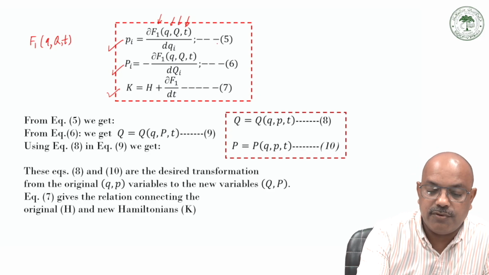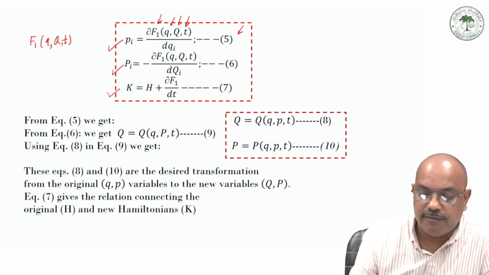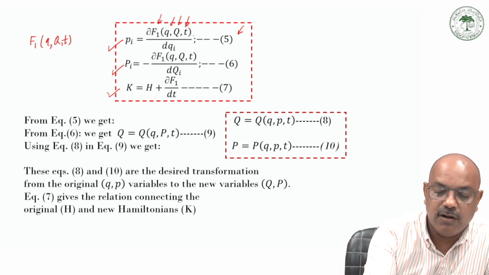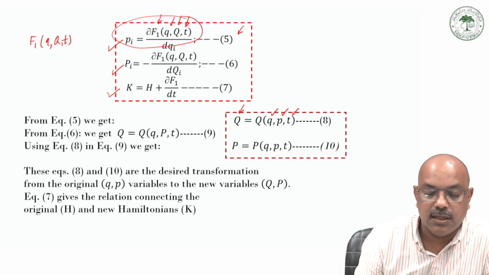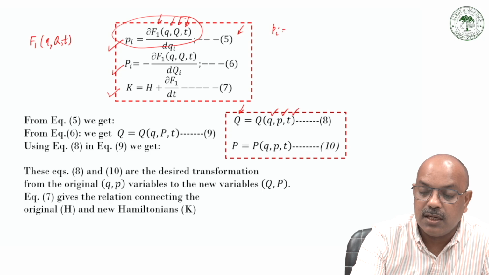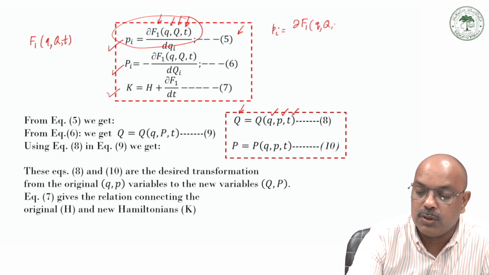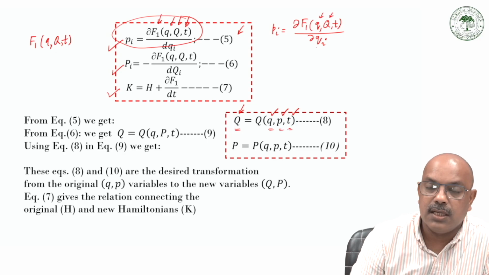If you see the first relation, equation number 5, from equation number 5, if I solve this differential, what I'm going to get is capital Q in terms of small q, small p and t. Okay, so if I solve this, this is pi is delta f1, this is going to be depending upon q and t, and if I differentiate with respect to q, capital Q in terms of q, p and t.